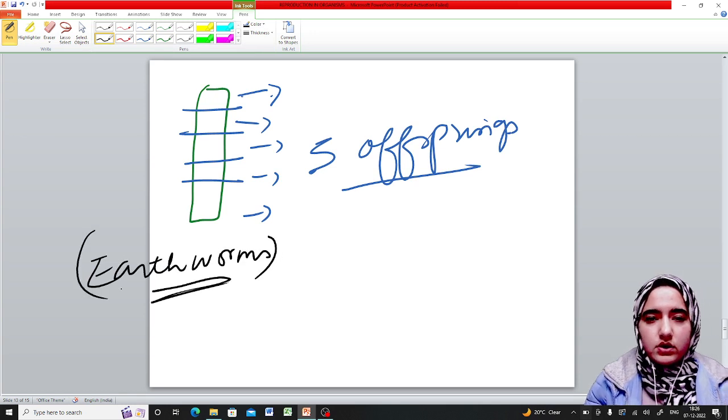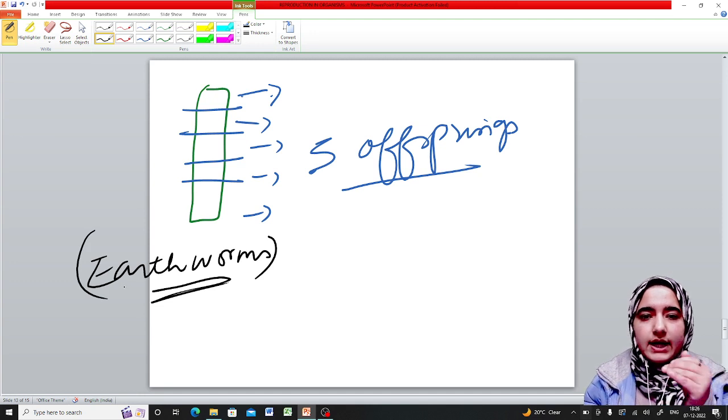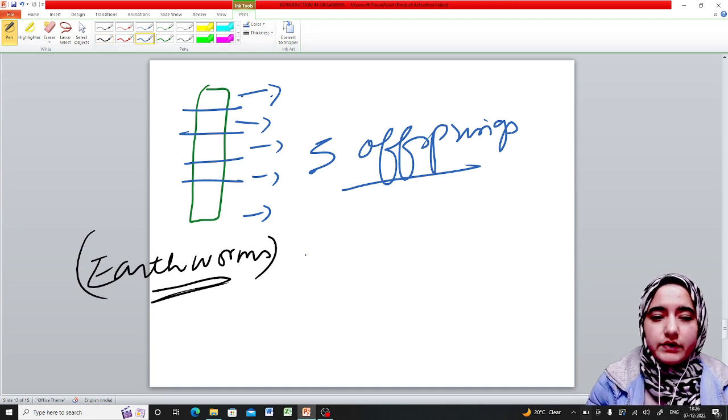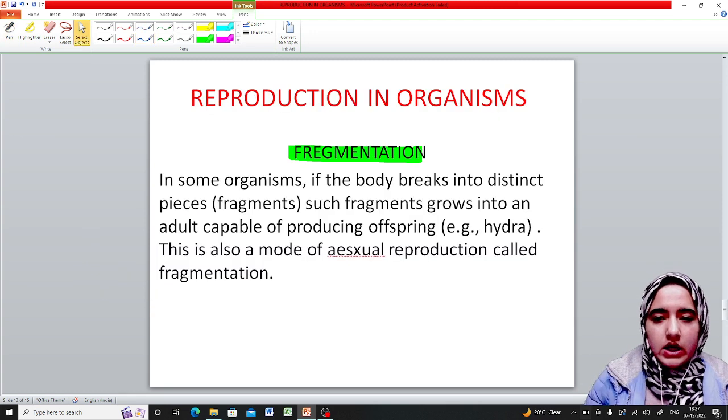If they are broken into pieces, each piece of earthworm gives rise to a new earthworm, a new offspring. Fragmentation means the body breaks into distinct fragments, and each fragment is capable of producing offspring.